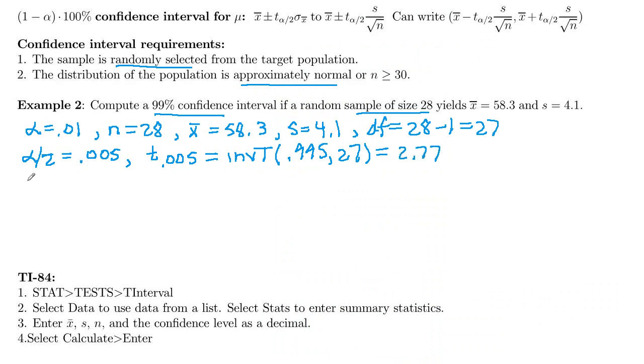So now let's go ahead and compute our margin of error. So that's this part right here. That's going to be our t alpha over 2 times s over root n. So that's going to be 2.77, and then our sample standard deviation is 4.1, and we are dividing by the square root of the sample size, 28.